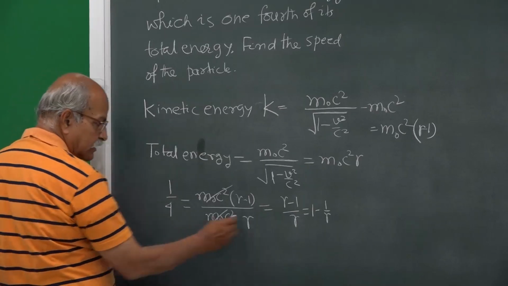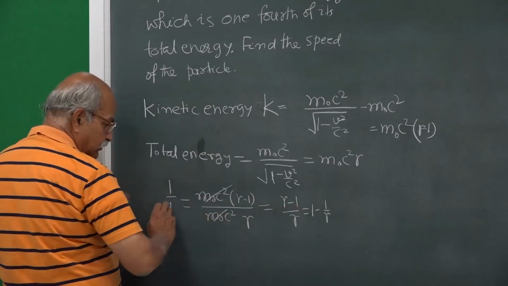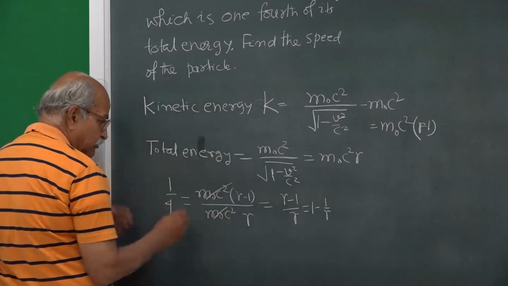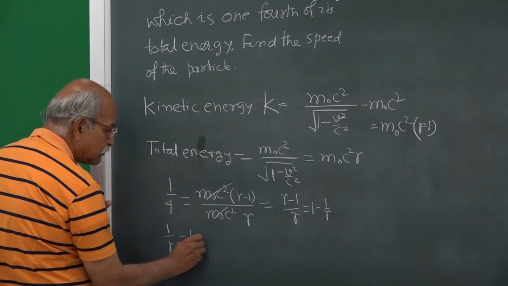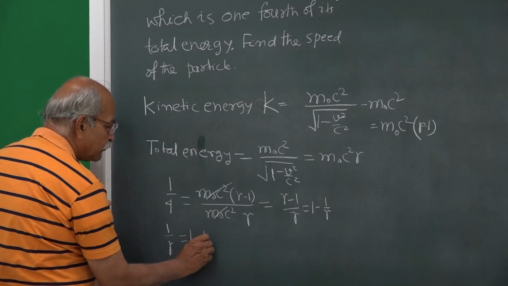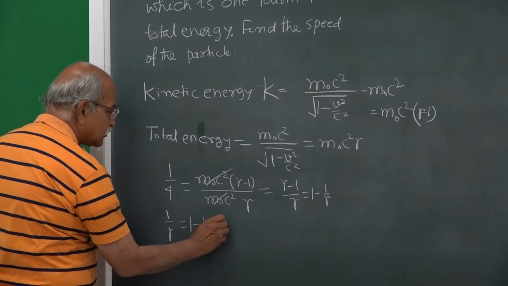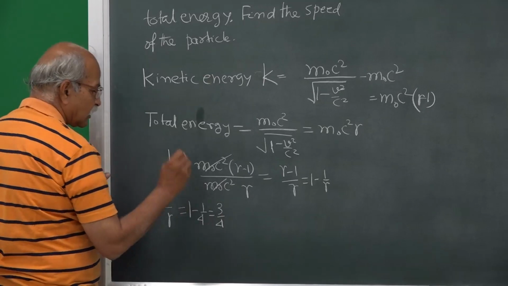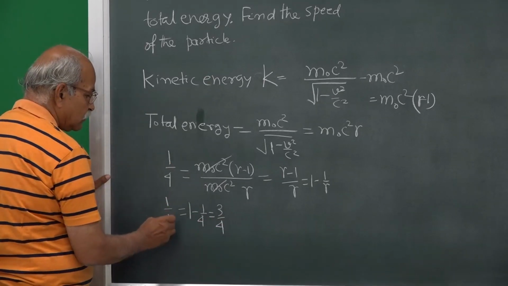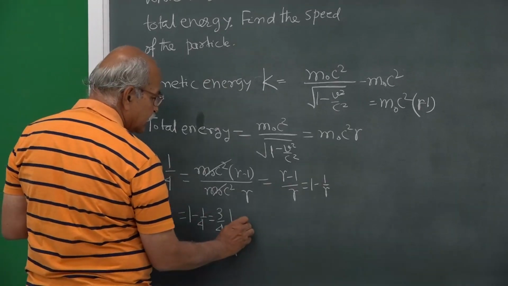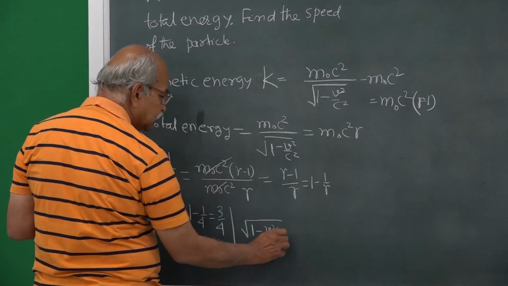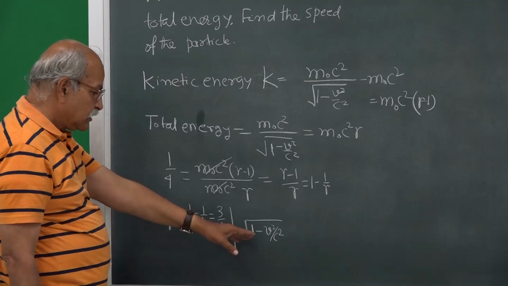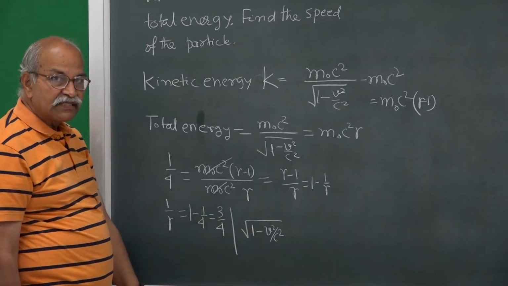So, you can take this 1/4 on that side, 1 by gamma on this side. 1 by gamma is equal to 1 minus 1/4, that is 3/4, and you know 1 by gamma is the square root of 1 minus v square by c square, because gamma is 1 by square root 1 minus v square by c square.